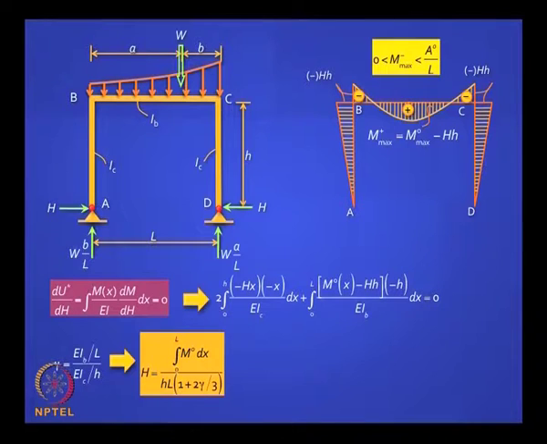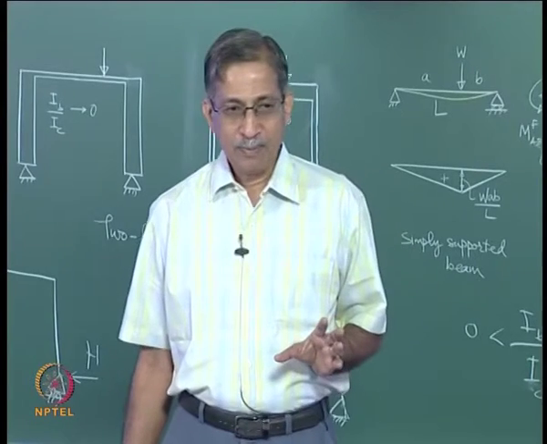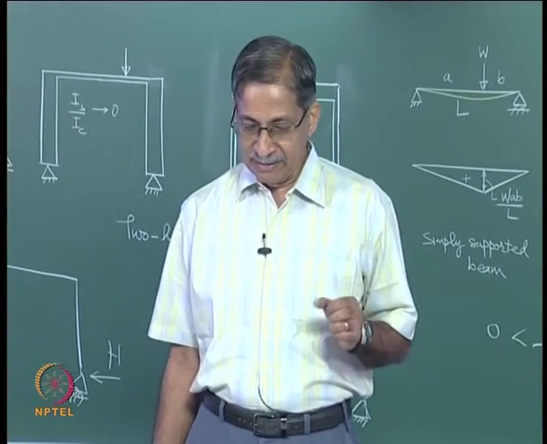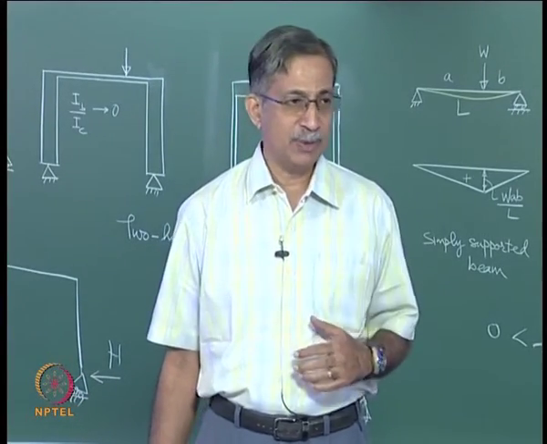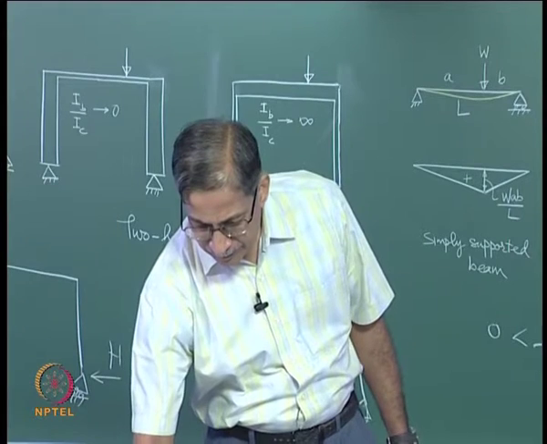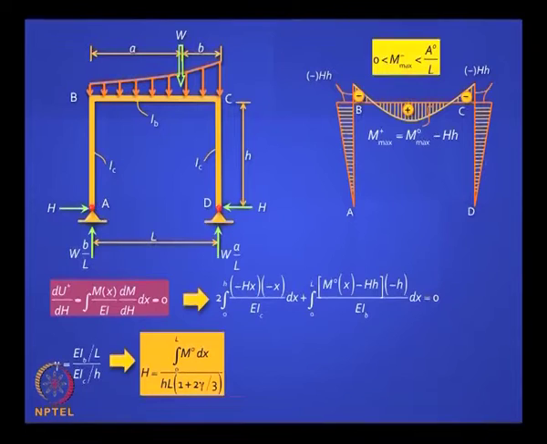Now let us introduce a parameter which you can call a stiffness parameter, where I take the relative stiffness of the beam to the column. So EI_B by L to EI_C by H, okay. That kind of gets rid of all those variables and makes it generalized. What are the limits of gamma?